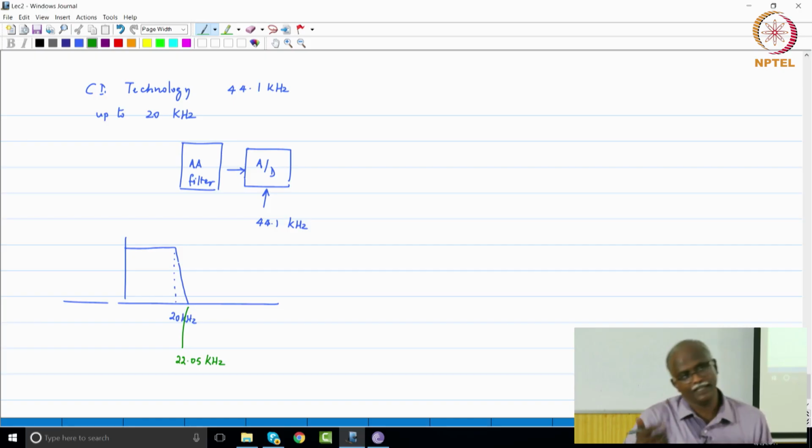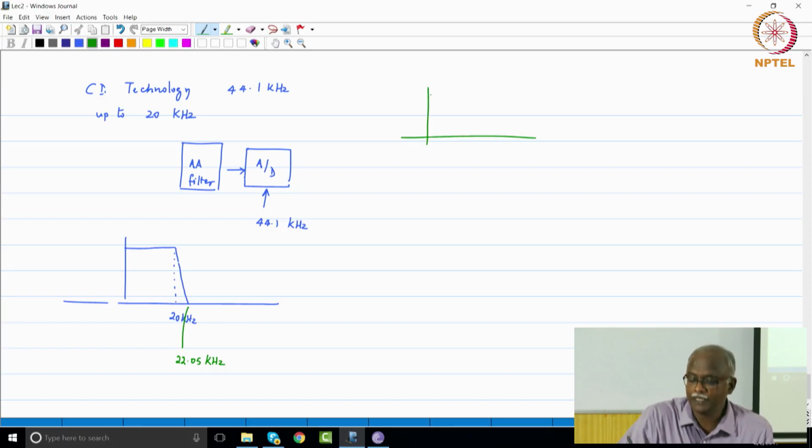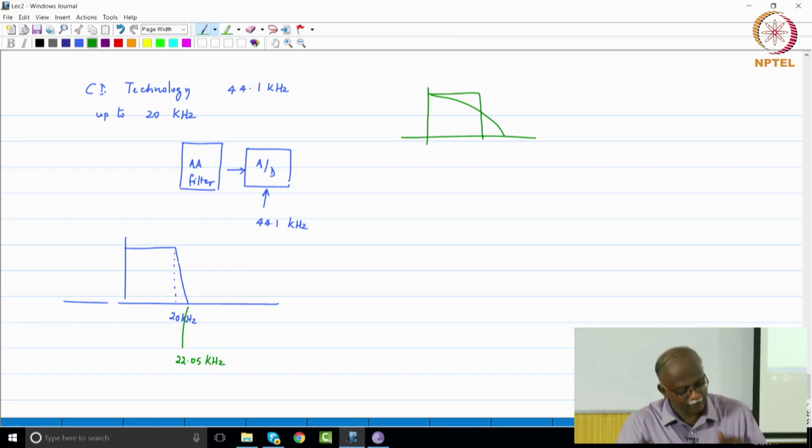In different contexts, it is called by different names. Basically, if you have a very sharp transition filter, it is also called a high Q filter. Anytime you have sharp transition, that is a problem. Anytime you impose a very large flat constraint, that also is a problem, because that also makes it difficult to achieve. Because most analog filters tend to do something like this. So, which means that instead what you are asking is something like this. So, again that is where it becomes a complex design.